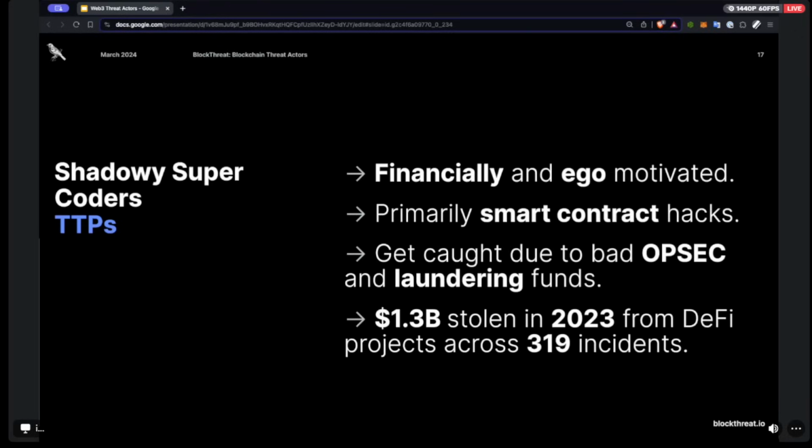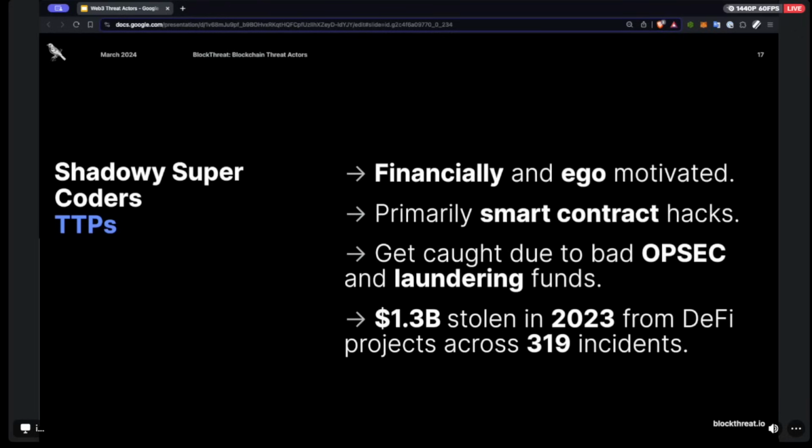And just to give you an idea of the scope of it, most of the DeFi hacks today, I think, are executed by basically one of us, just crypto natives, developers, blockchain security researchers. So $1.3 billion stolen from DeFi projects back in 2023 of this type. And there were more like 300 different hacks. So we're dealing with similar repeats, but around 300 individuals involved in this.